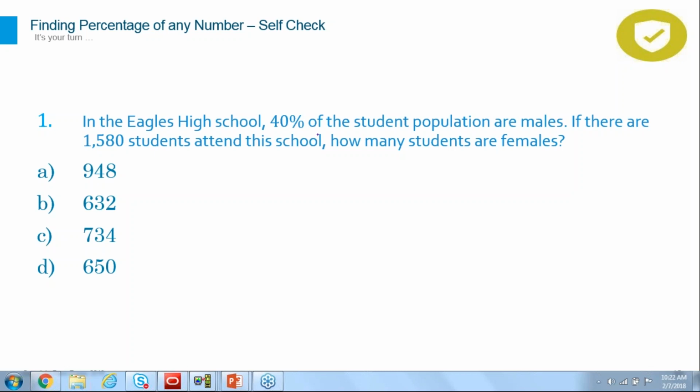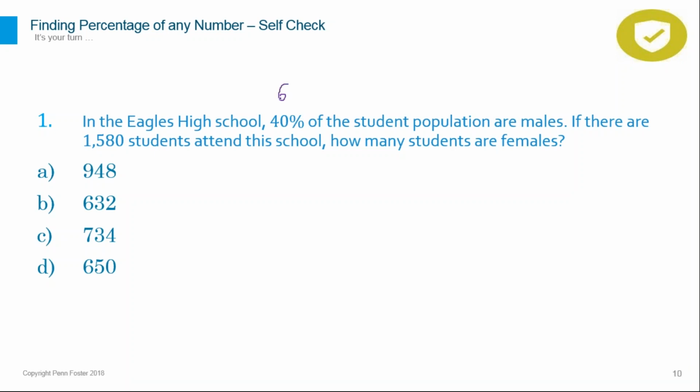So what I can do is approach that question two ways. Either I calculate the percentage of males and then subtract that from the total number of students that go to the school, and that will give me the number of females, or say in my mind, well, 40% males means 60% females. Altogether that will give me 100%.